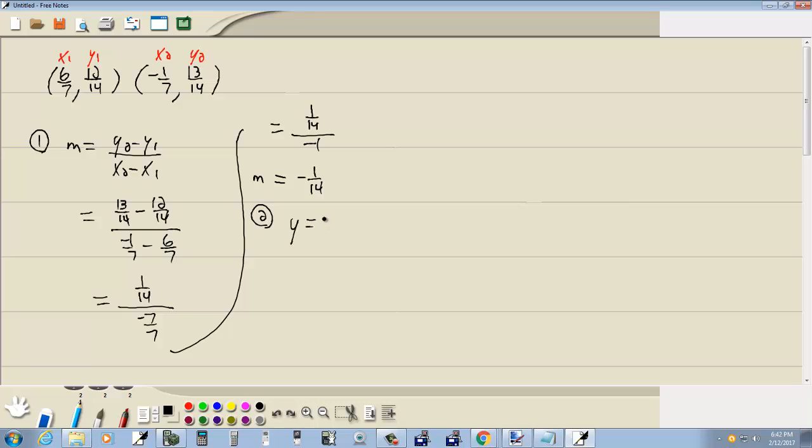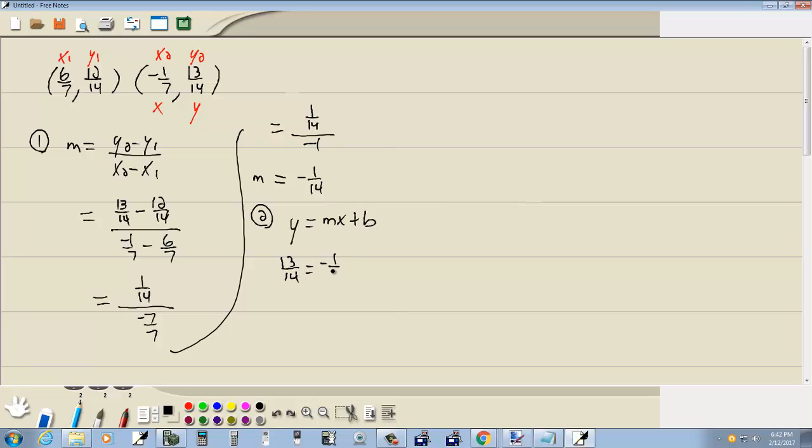Step 2. Plug in one of your points, doesn't matter which one. Second point, I guess. This is X and this is Y. So I got 13/14 equals M. What was M?